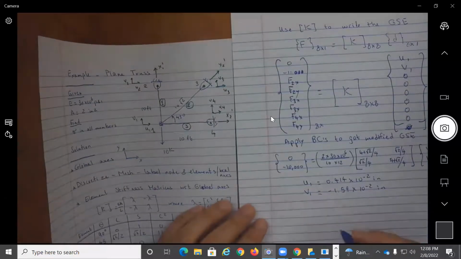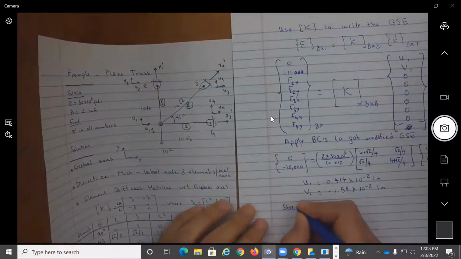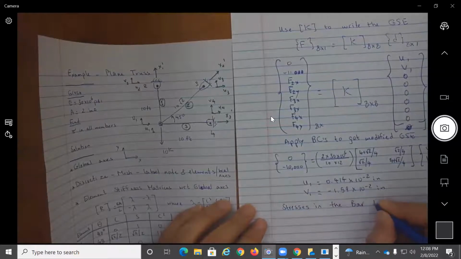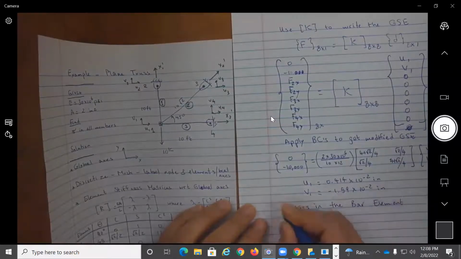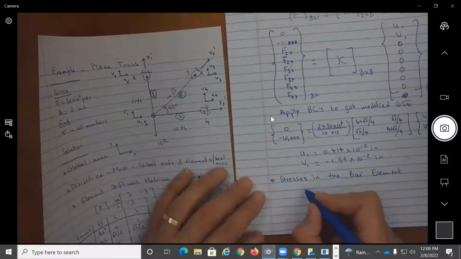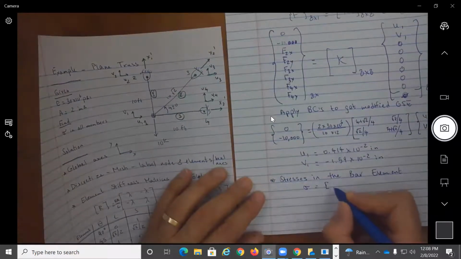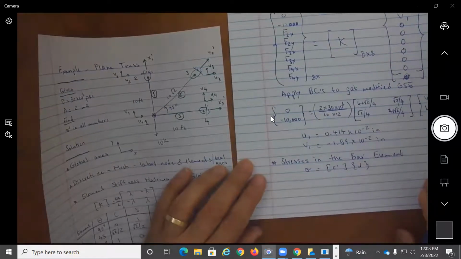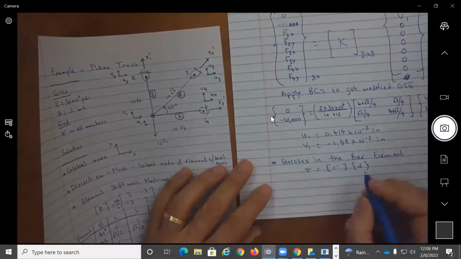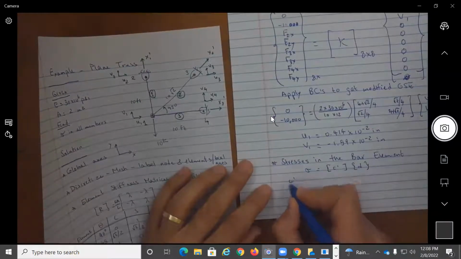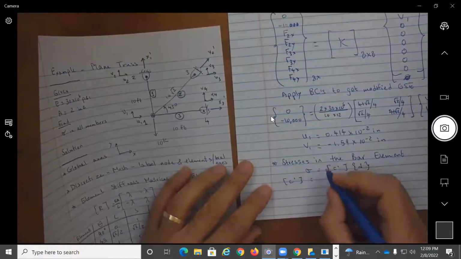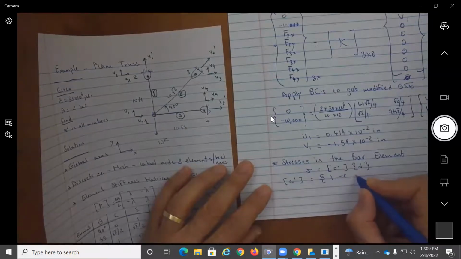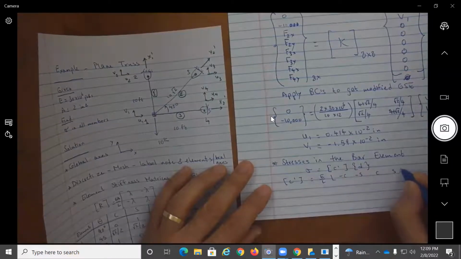Okay, so stresses in the bar elements, the equation is sigma equal to this C prime multiplied by D. And we're going to repeat that for each element. So C prime is equal to E over L times minus C, minus S, plus C and plus S.